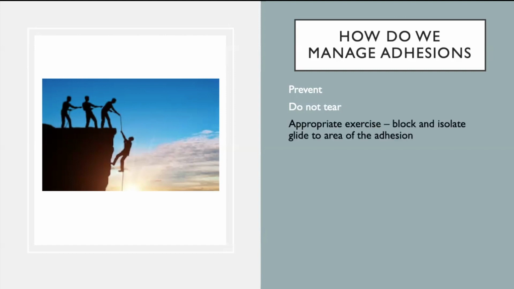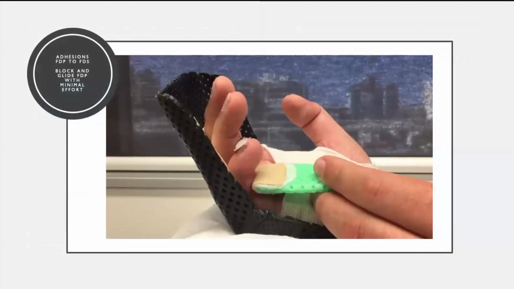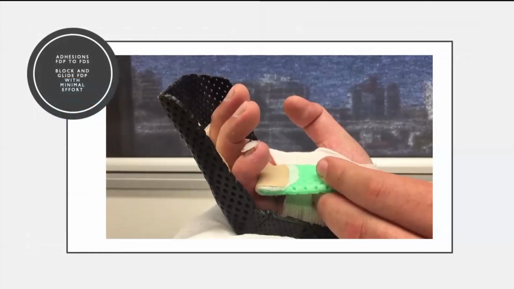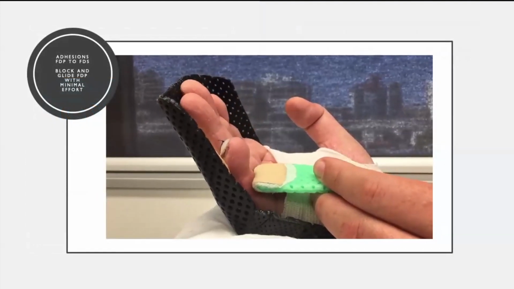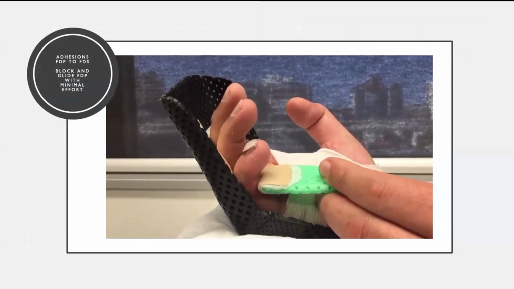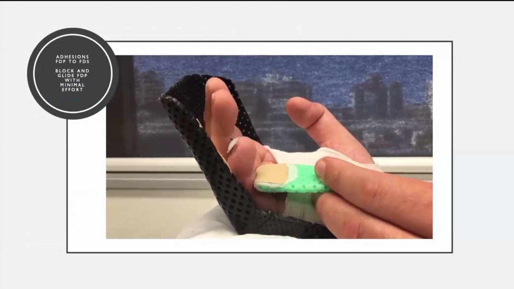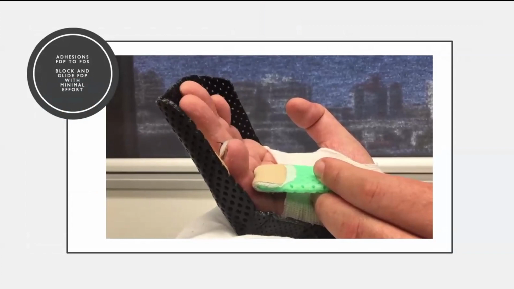Where it's appropriate, you might want to create some blocking and isolate glide to an area of adhesion if you're noticing adhesions occurring. Here's an example I've used with little Bunnell style blocks to get independent FDP glide. You can also use it on the FDS.